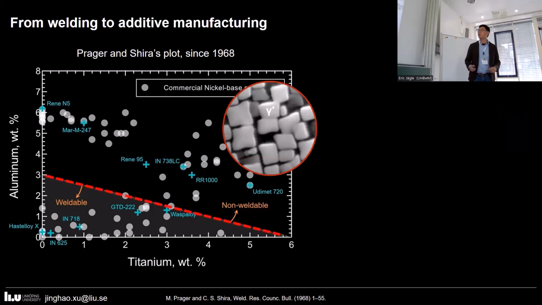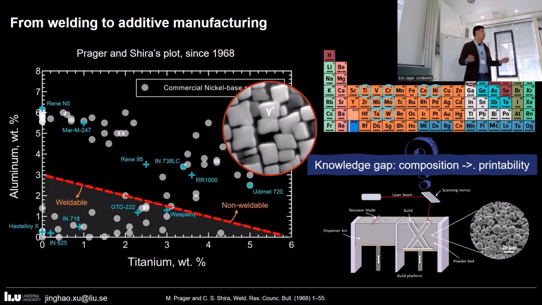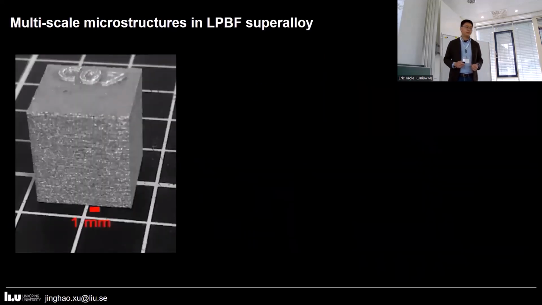But I hope you still remember that a high gamma prime amount in the superalloy is highly demanded, and unfortunately, both aluminum and titanium are the primary gamma prime formers. So there's a knowledge gap. What is the chemical composition that relates to the additive manufacturability, or the printability, of this alloy? That is a big question mark.